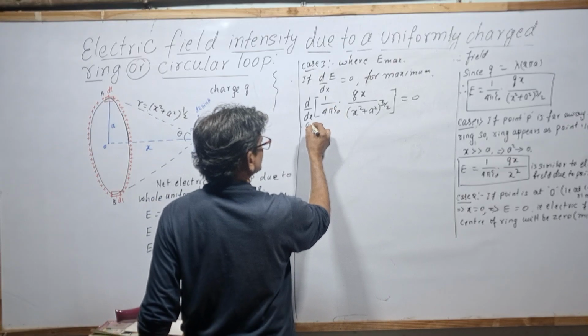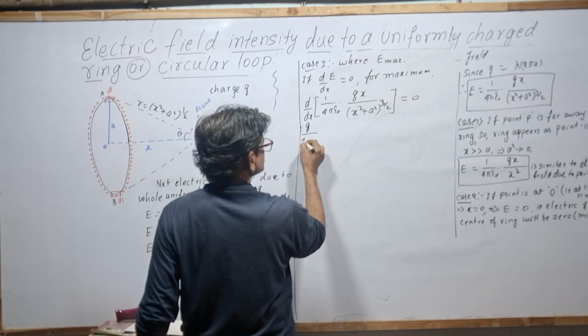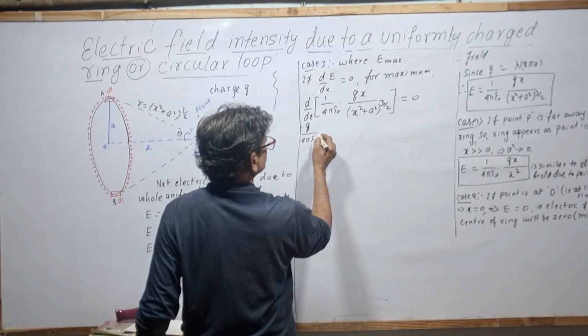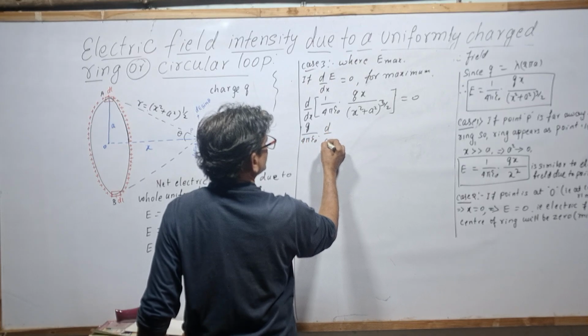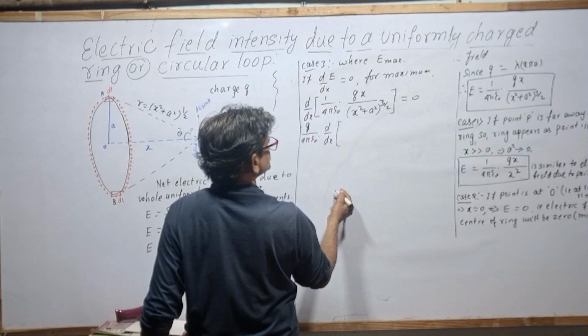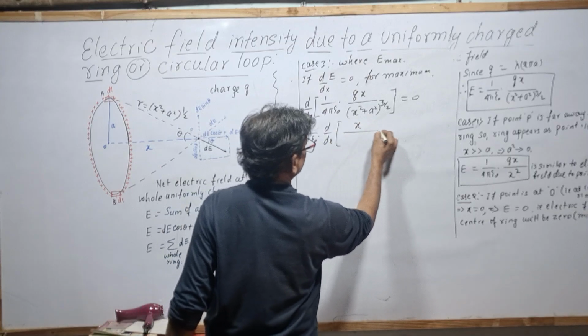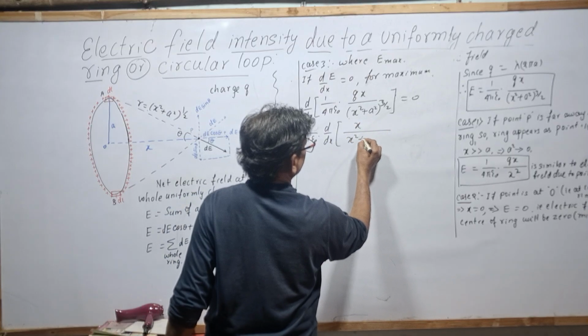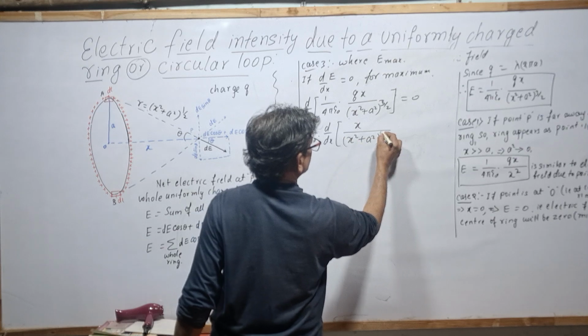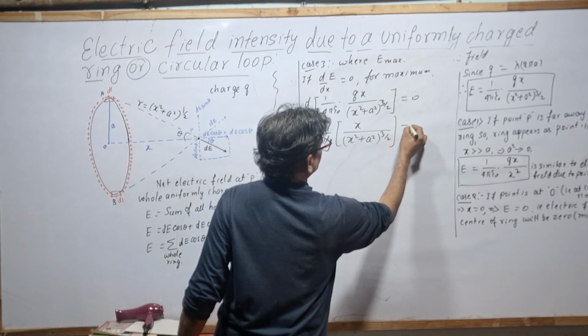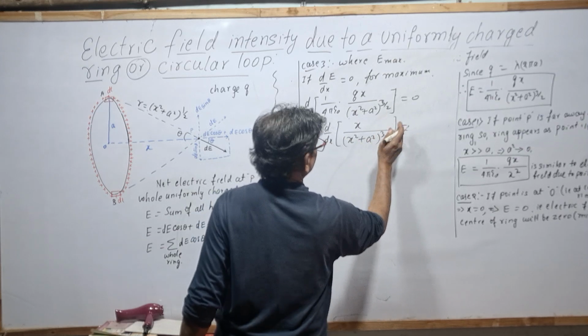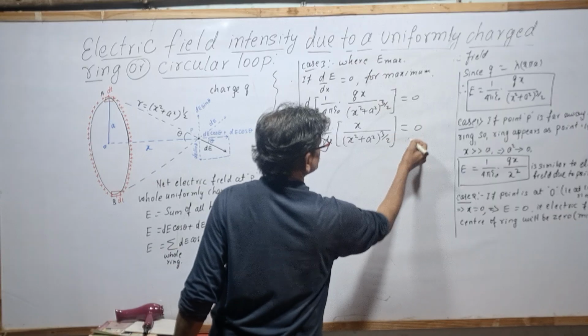The q is constant, take outside. That is 4 pi epsilon naught, and in bracket of differentiation it will be x divided by x square plus a square to the power 3 by 2, equal to 0.